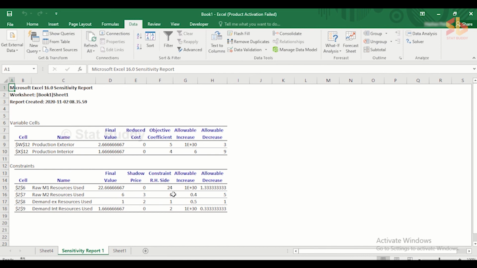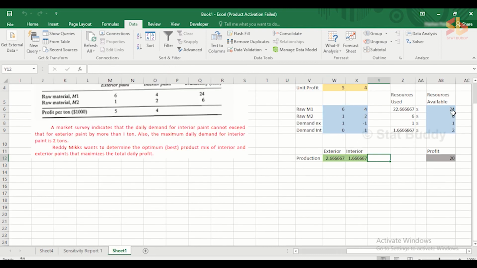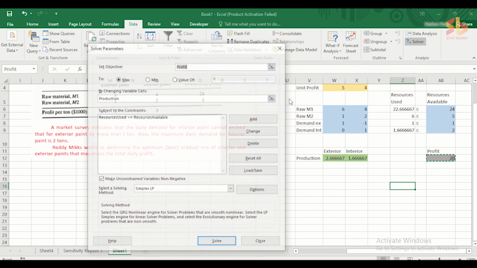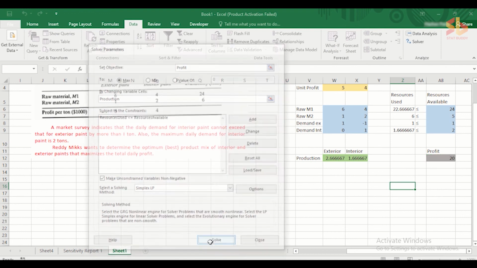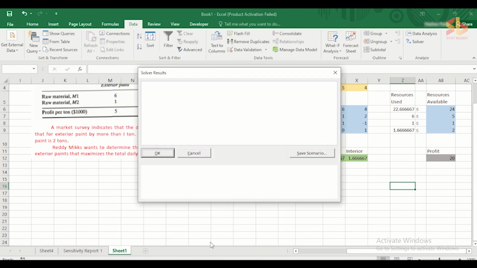If I decrease the right hand side by 1 unit, the solution will be decreased by 3 units. Let's see whether it is okay. So now it is 6. I'm changing it to 5 and I'm going to Solver and asking for the answer.